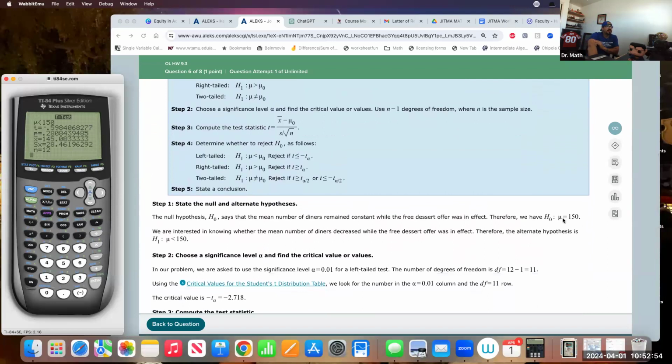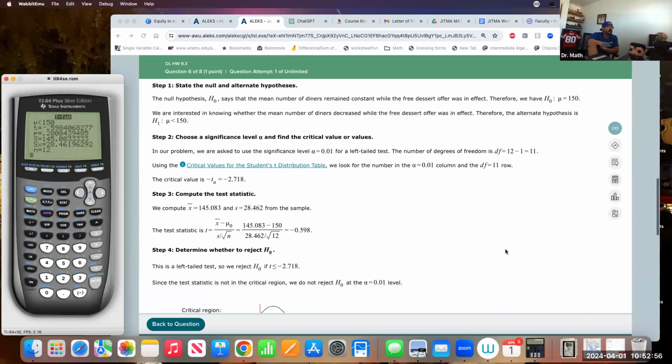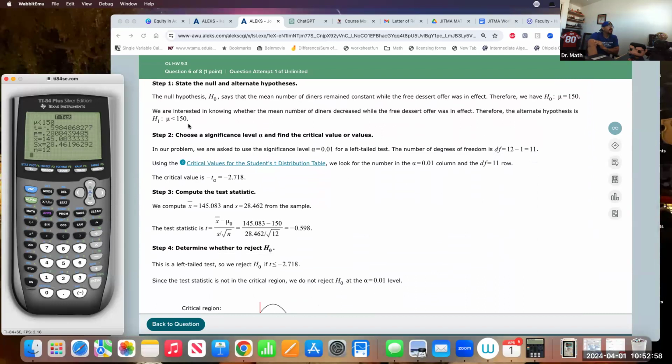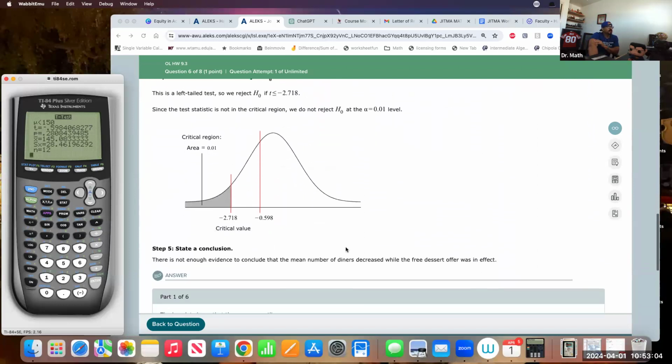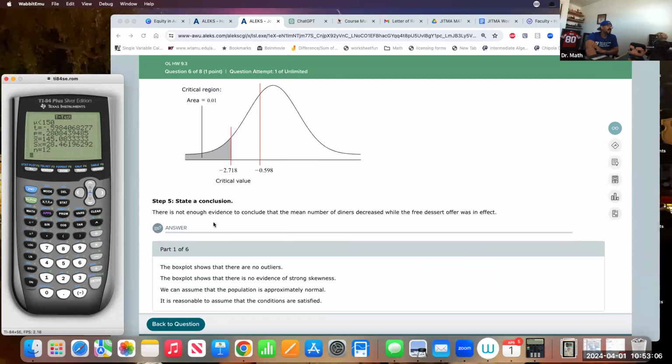H naught says that there was no difference. So we don't have enough evidence to conclude that the average amount of customers decreased. So there is not enough evidence to conclude that the mean number of diners decreased while the free dessert offer was in effect.